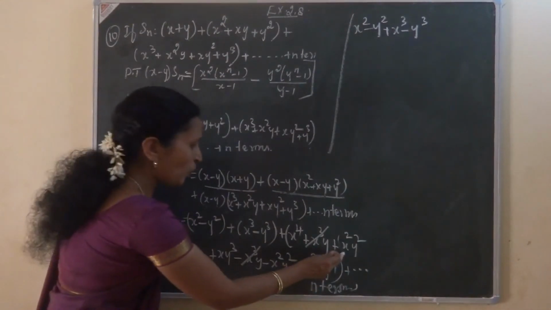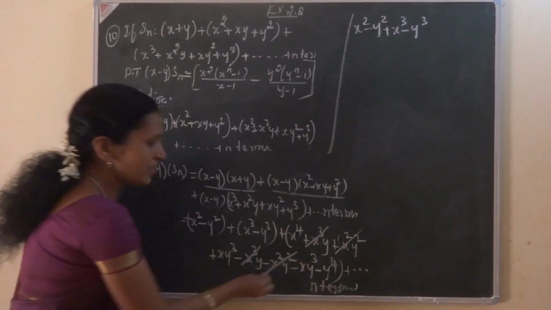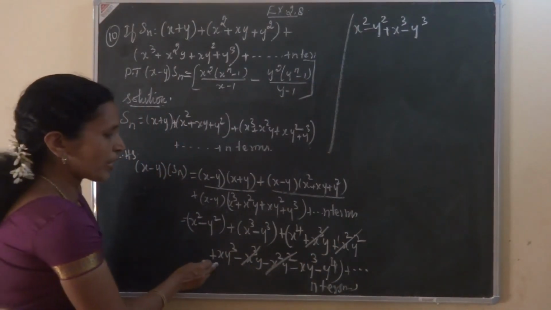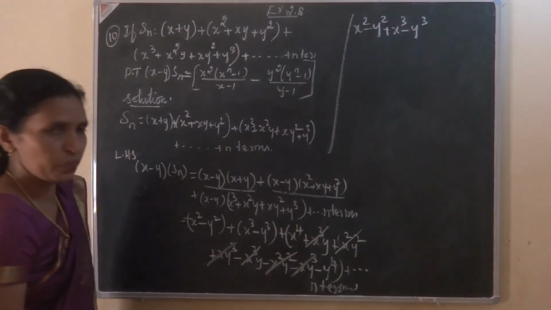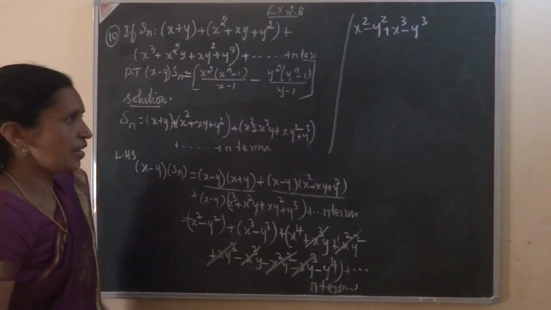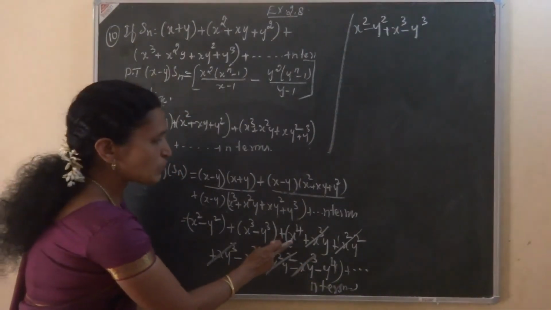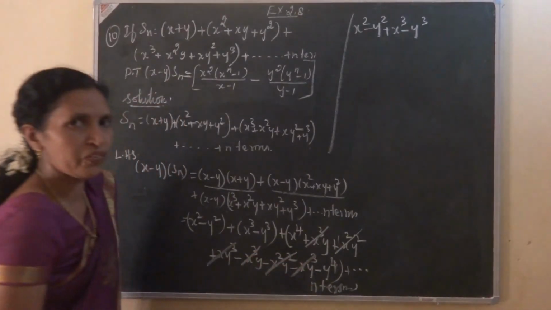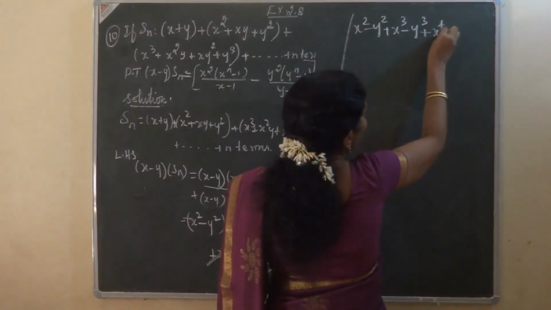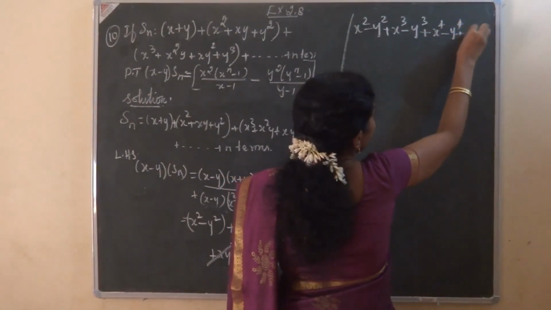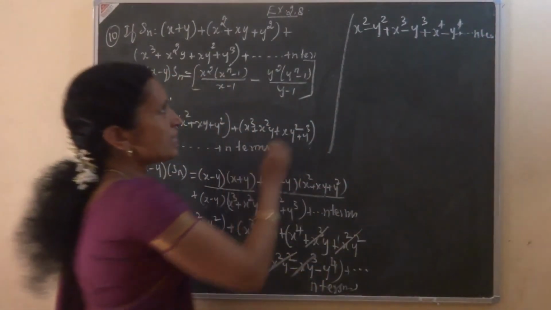Next, x square y square minus x square y square, and xy cube minus xy cube, cancelled. Plus etc. n terms. So here what are the remaining values? x power 4 minus y power 4. That's all. That is plus x power 4 minus y power 4 plus etc. to n terms. Now we separate this one.